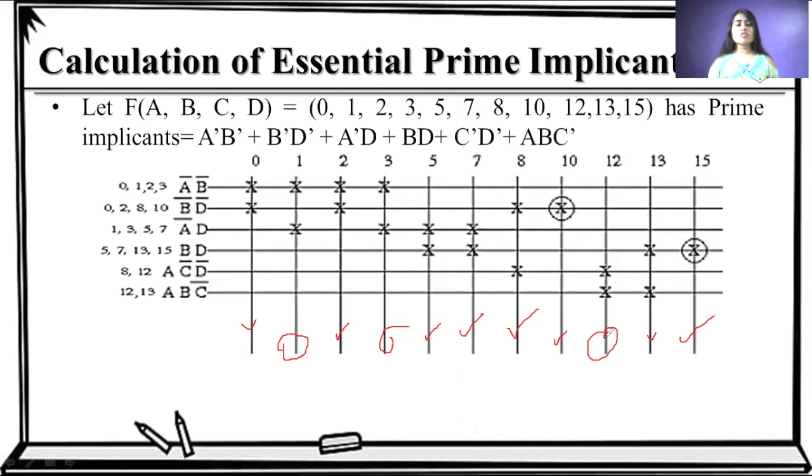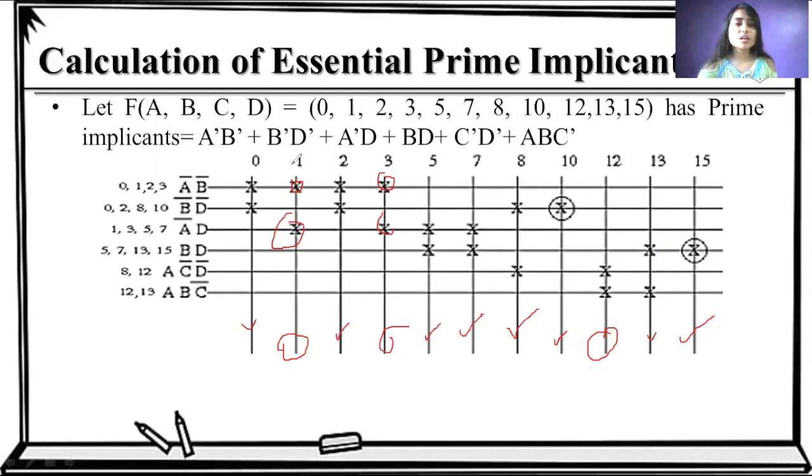Now how can we write the function for these terms? For 1, both A'B' and A'D cover it, and also for 3, both A'B' and A'D are covered. So we can write either term in a minimal solution. We can use either A'B' or A'D, so by using A'B' or A'D we can identify a minimal solution.